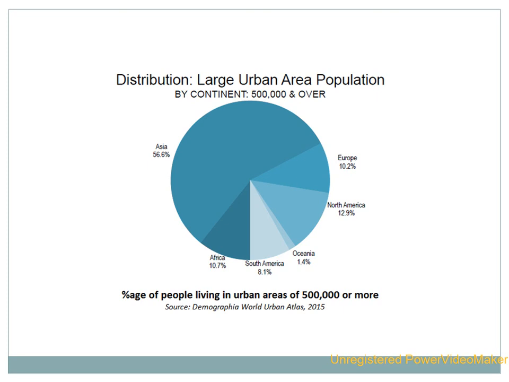Now you can see a distribution on a very large urban area which has a very great population by the continent. Through this picture you can see how most of the world's land is in the northern hemisphere.